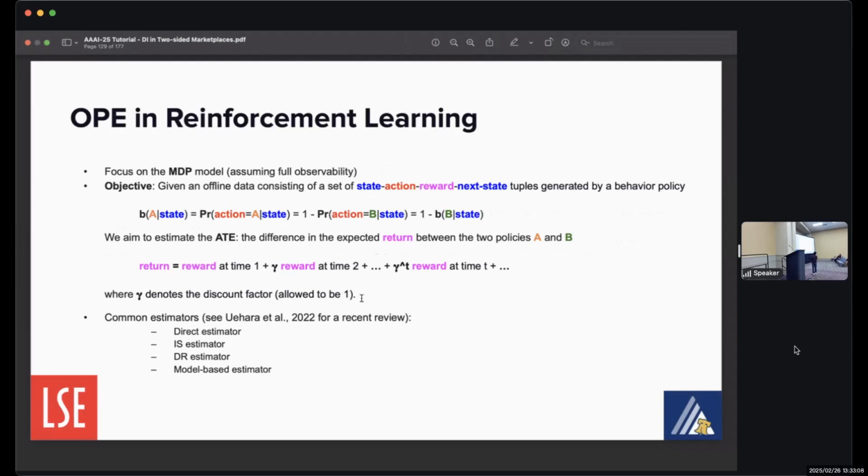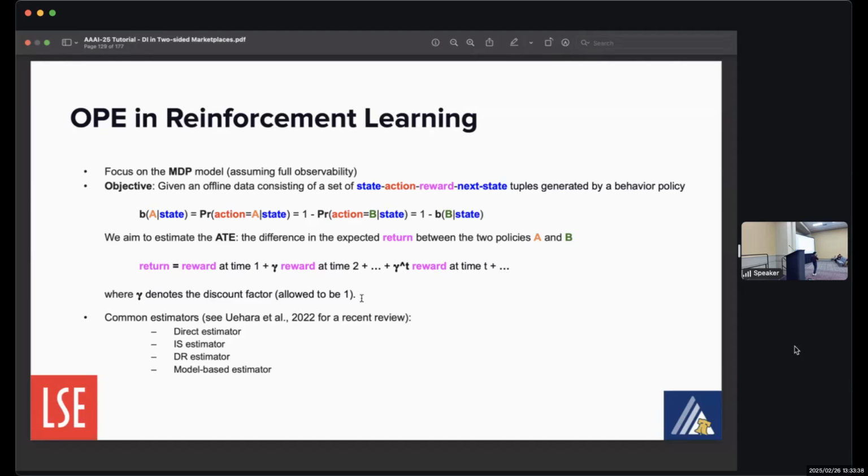So given an offline data set, now in reinforcement learning, I just want to remind you that those data are typically summarized into state, action, reward, next state tuples. Given a set of those tuples generated by a behavior policy, again denoted by b, we wish to estimate the average treatment effect. And here, the ATE corresponds to the difference in the expected return between the two policies. And here, the return corresponds to the cumulative reward.